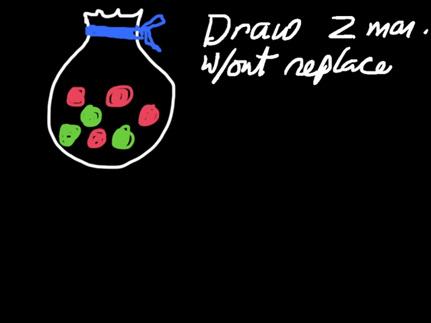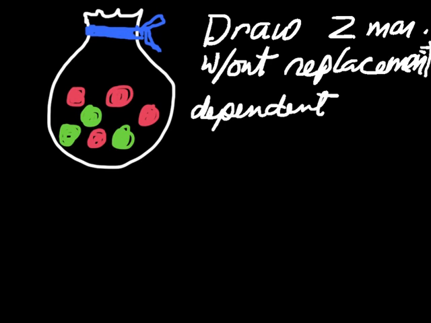And what I mean by that is I'm not going to put the marble back in the bag. And by not putting the marble back in the bag, I create those dependent probabilities we were talking about yesterday, where the probability of something happening after something has already happened changes the probability.